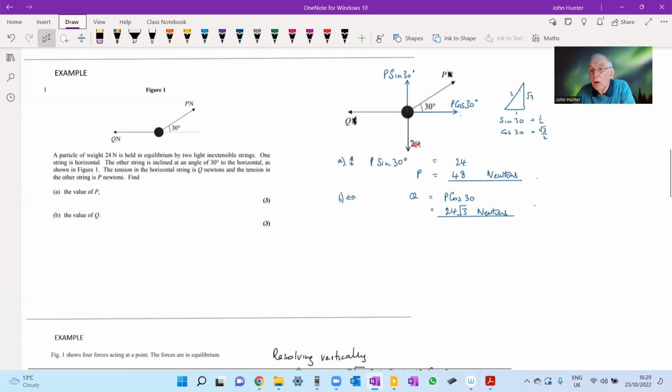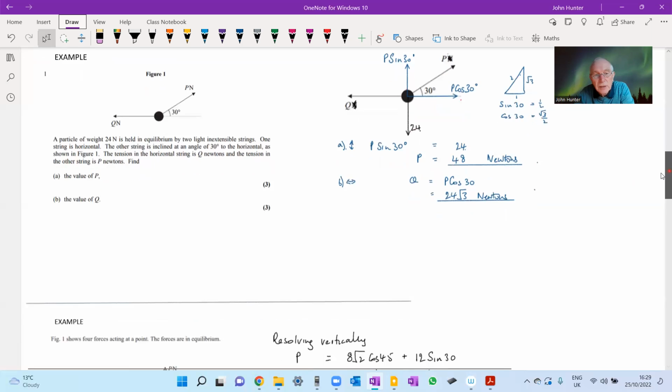If it had been on the moon, where the gravitational constant is, I can't remember, maybe 1, let's say, then it would have corresponded to a mass of 24. So just an indication there. But all that's taken out of it for us because we're just told it's 24 newtons. Right, so that's that one.